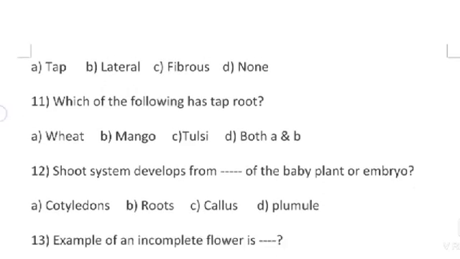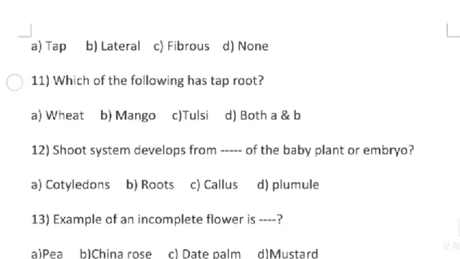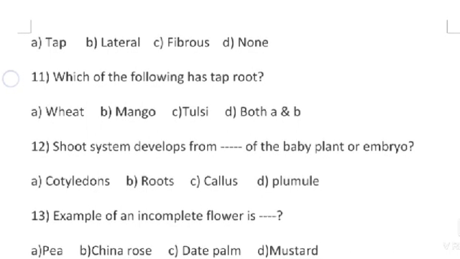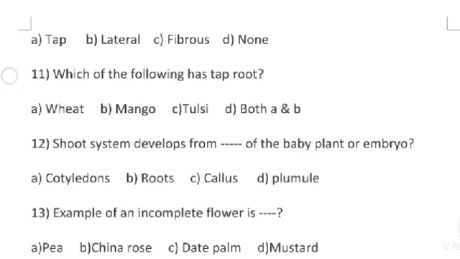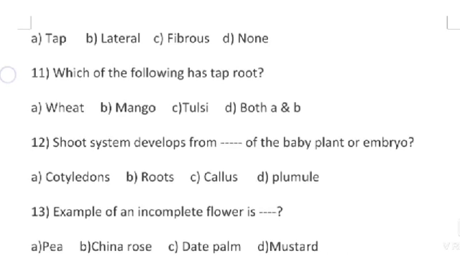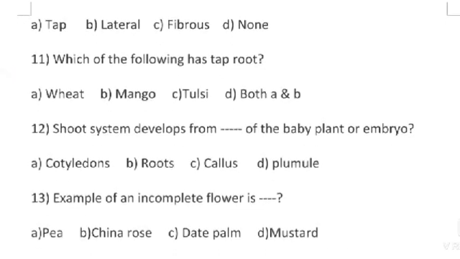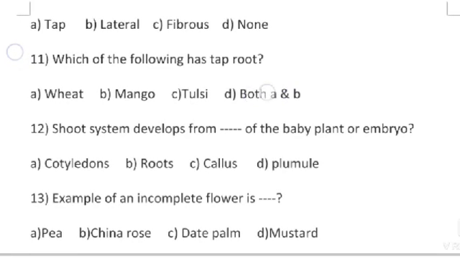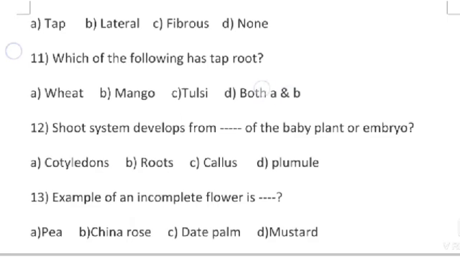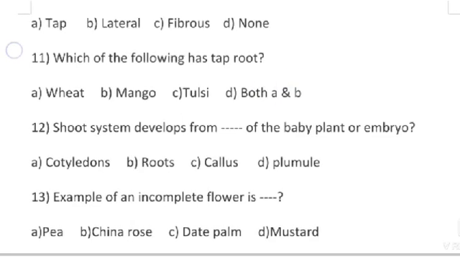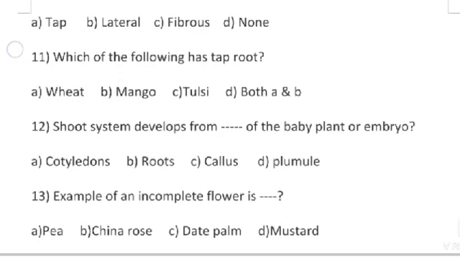Question number 11. Which of the following has a tap root? A wheat, B mango, C tulsi, D both A and B. Option B and C, the correct answer.